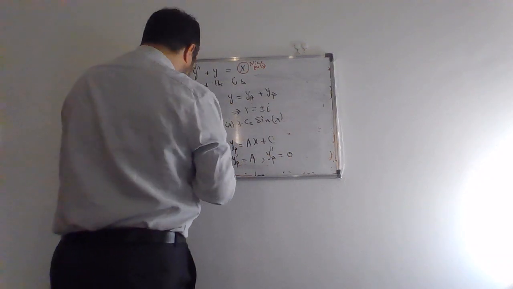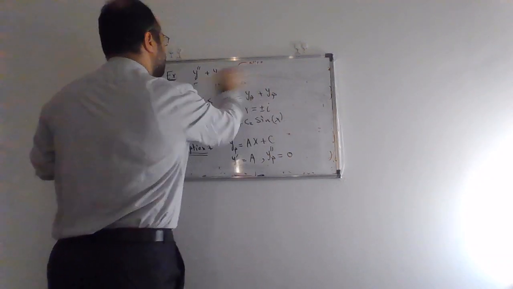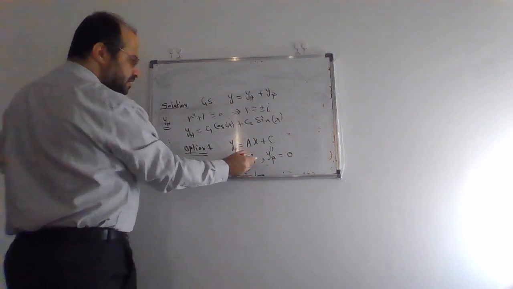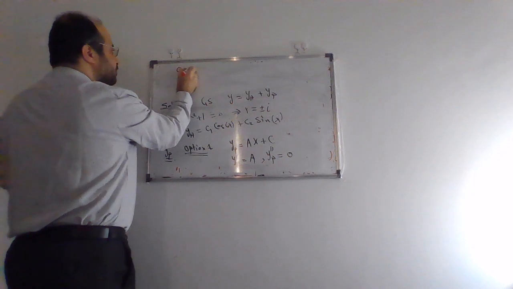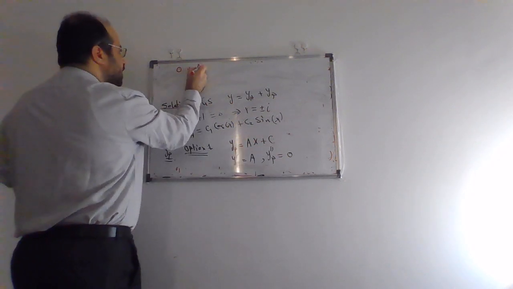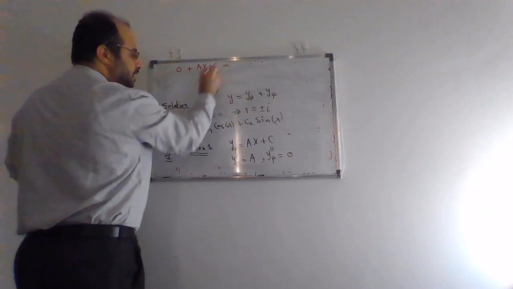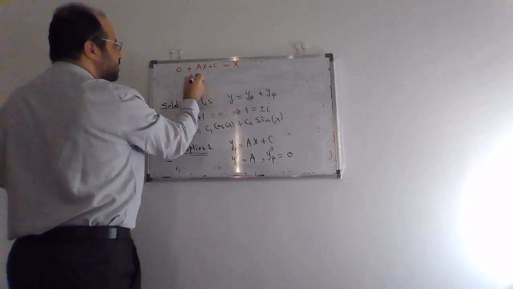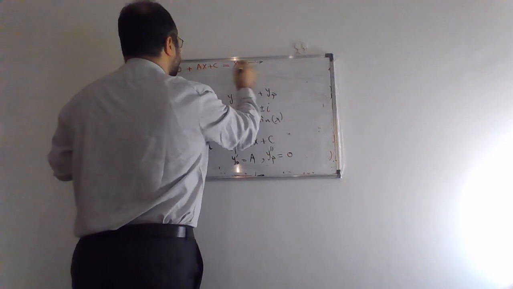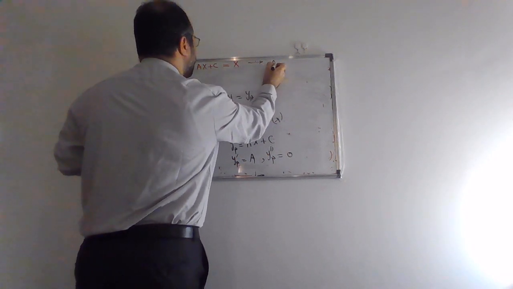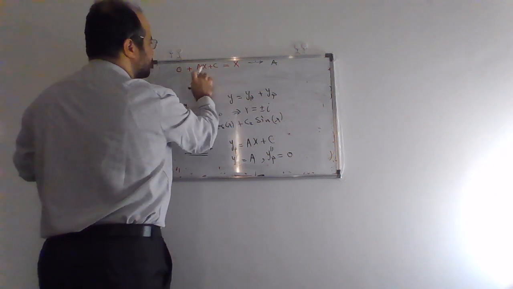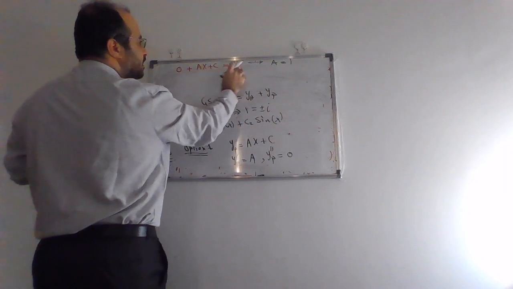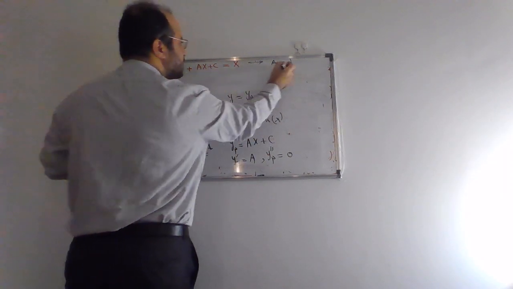Let me erase the question here. So then you have y double prime, which is 0 now, plus y, which is ax plus c, equal to x on the other side. It is clear from this that the coefficient of x matches the coefficient of x, so a equals 1, and there is no constant here, so c is 0.